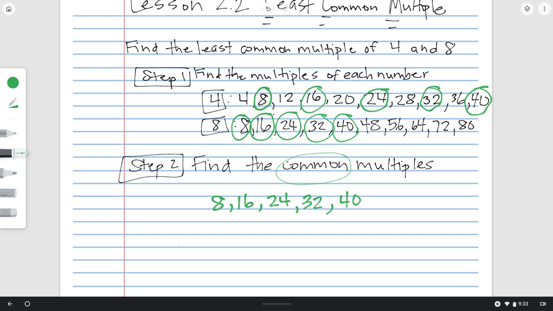Mine's a little messy because I'm using my finger instead of a pencil. So here I have 1, 2, 3, 4, 5. I have the first 5 common multiples.